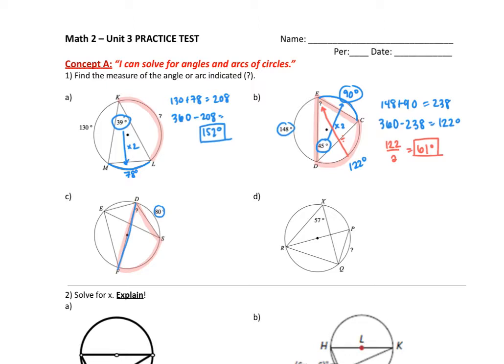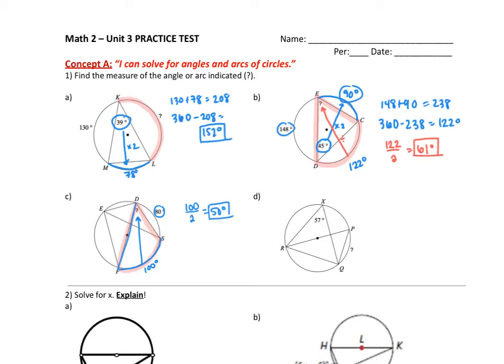So 180 minus 80 means FS is 100 degrees. Now I can use that information to get the angle. I would just divide by 2. So 100 divided by 2 is 50 degrees. That would be the angle that we're looking for.